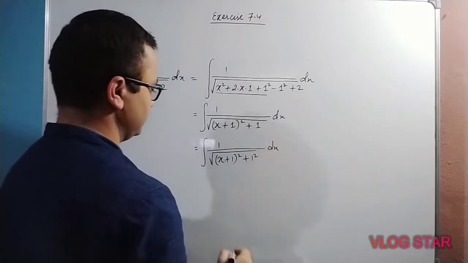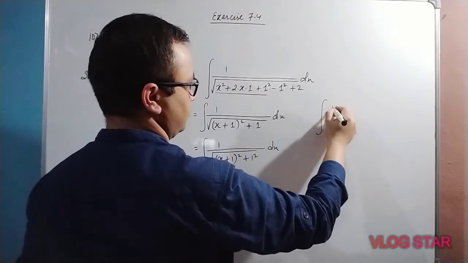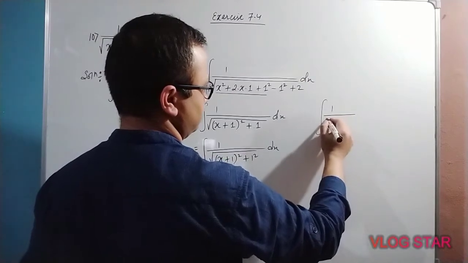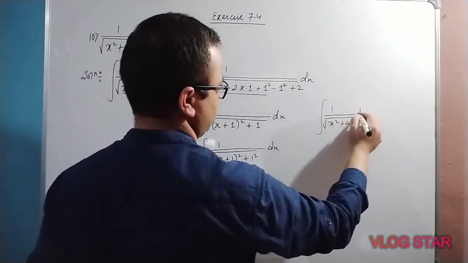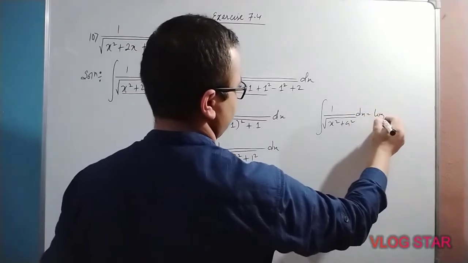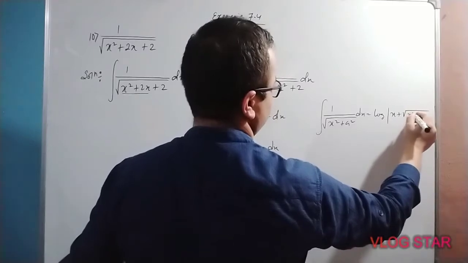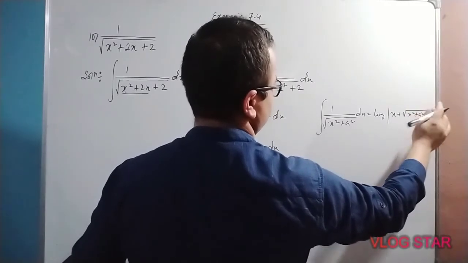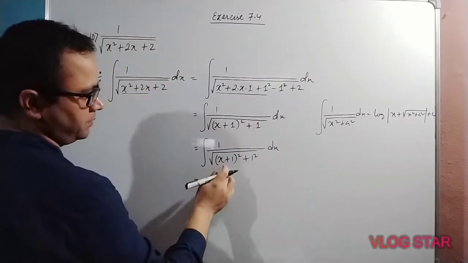Now again we will apply the same formula. Integration of 1 by root under x square plus a square dx is log x plus root under x square plus a square plus c. So it is in the form of x square plus a square.